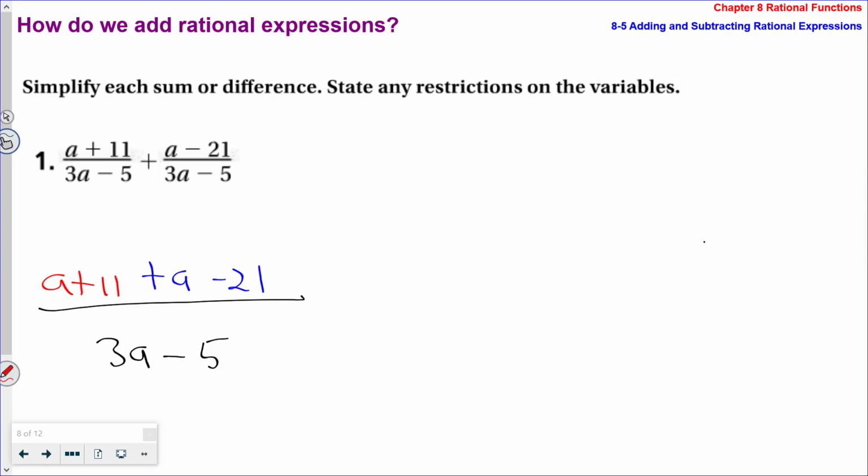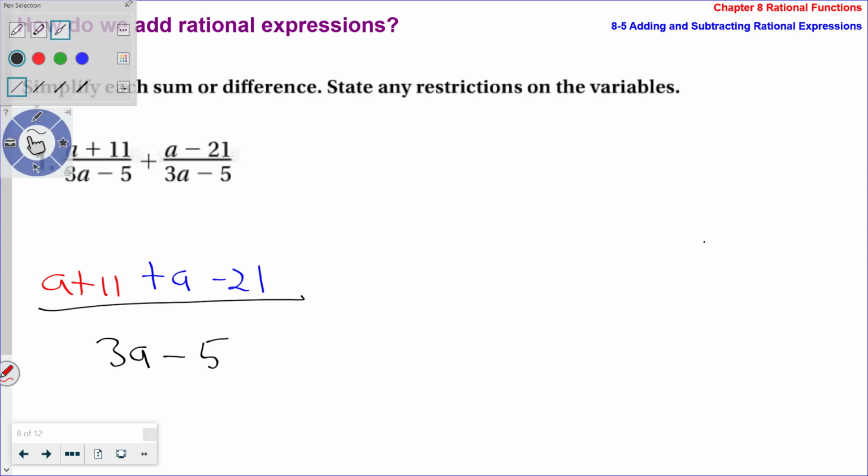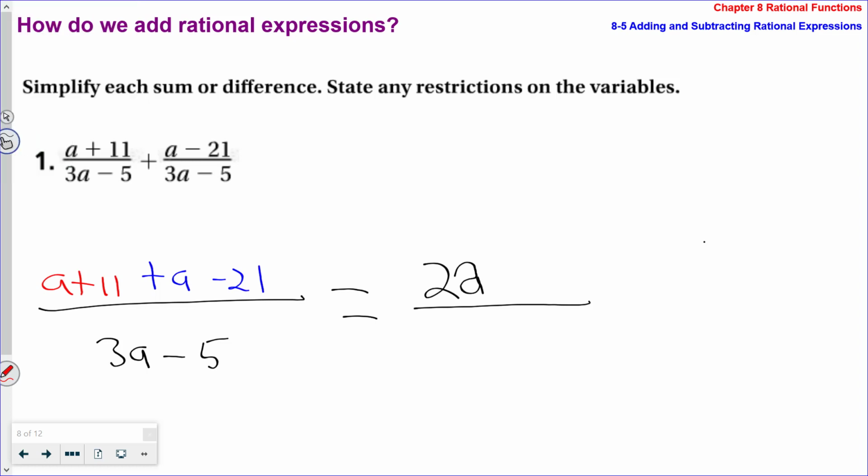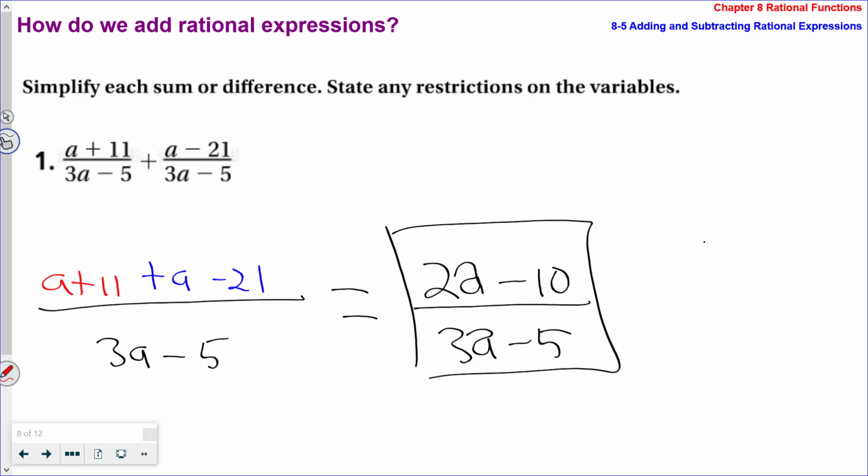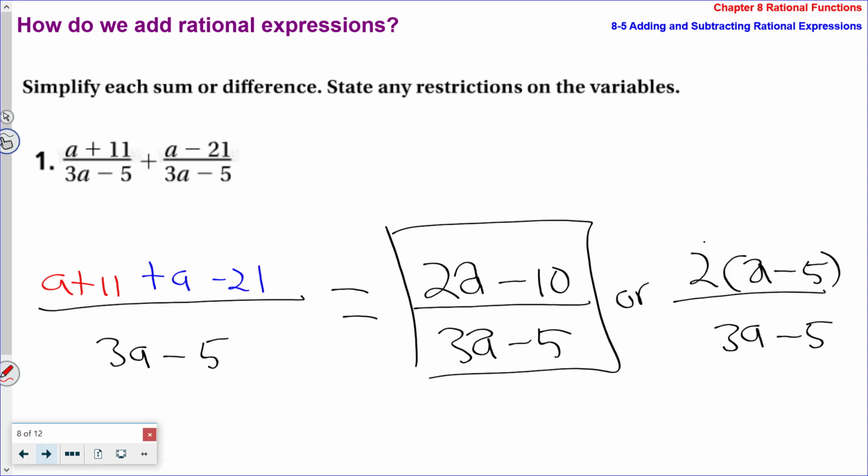Add the numerators, put it over the denominator, and we'll combine like terms in the numerator. So a plus a is 2a. 11 minus 21 is negative 10. 2a minus 10 over 3a minus 5. This is your final answer. Any questions about this first example here?